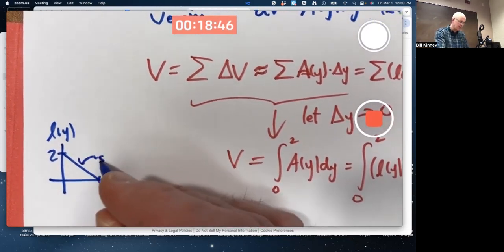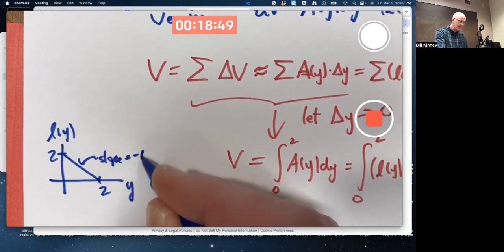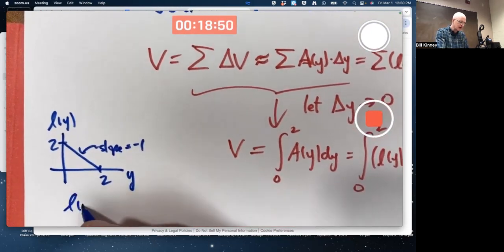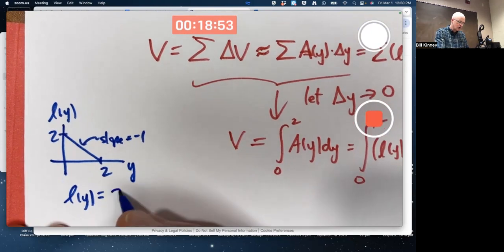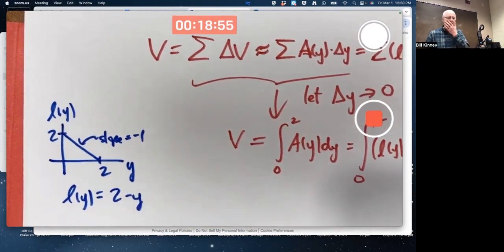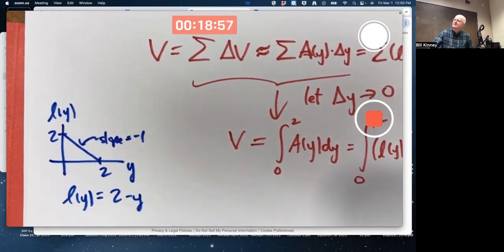Slope of -1, the formula for L of y should be 2 minus y. That should be right. Should seem right, at least, because the sides of the pyramid are straight. Should seem like L of y is a linear function of y.